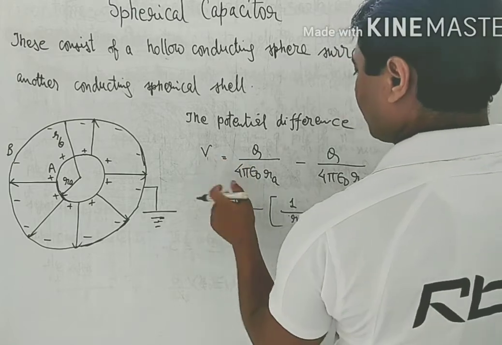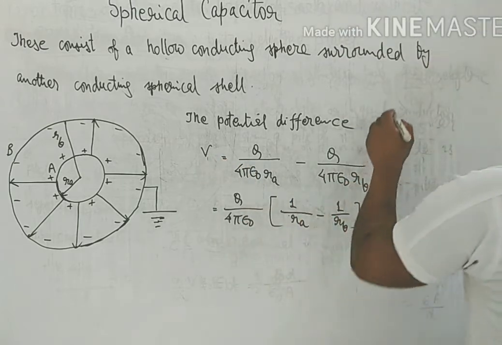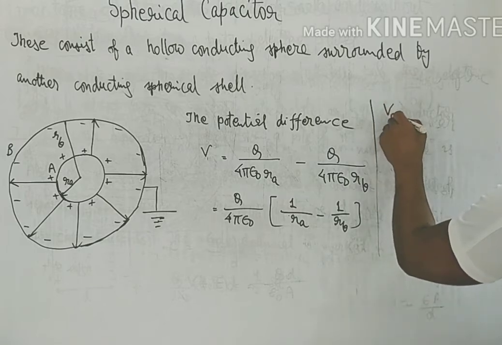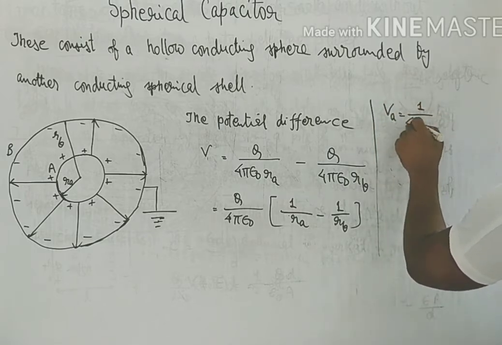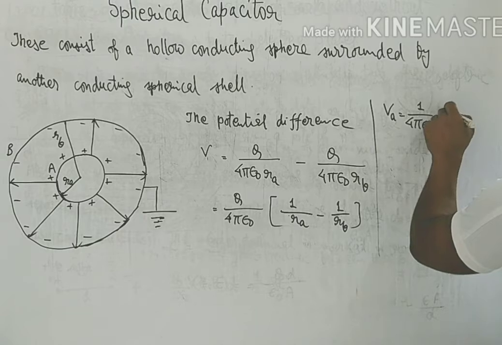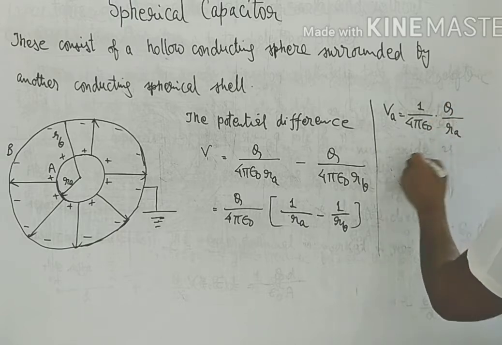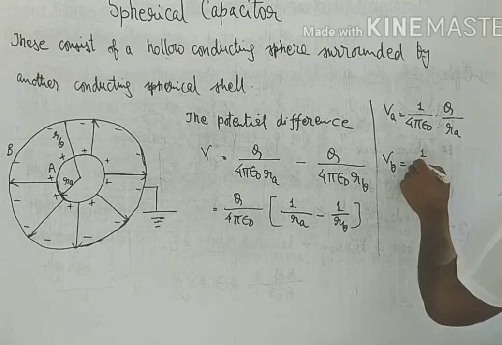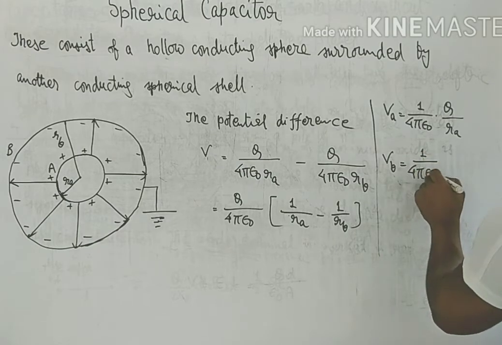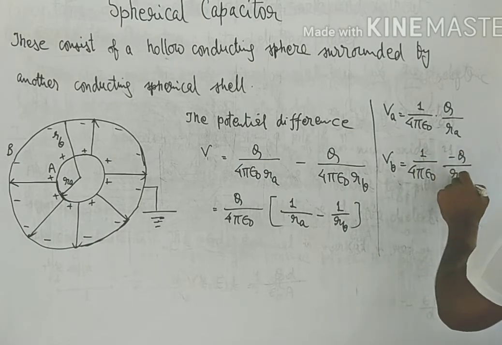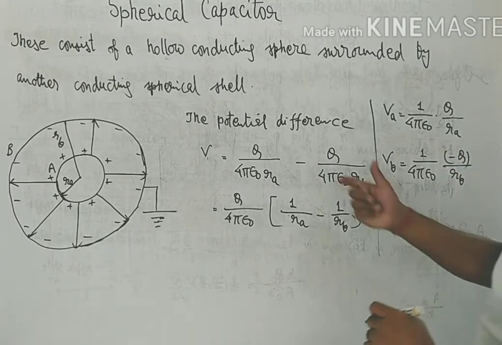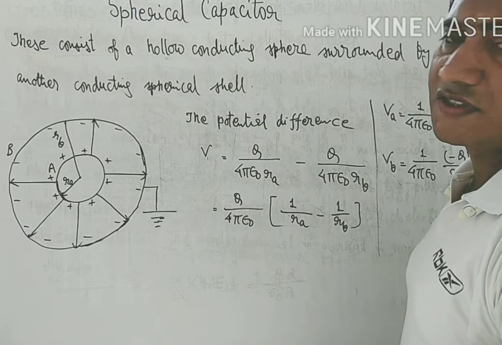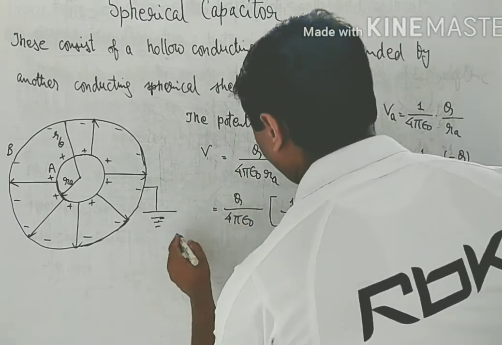Because here VA would be equal to 1 upon 4 pi epsilon naught Q by RA, and VB, the potential due to the outer shell, would be 1 upon 4 pi epsilon naught times minus Q upon RB. So better to say the potential difference. So this is the potential difference actually due to that.